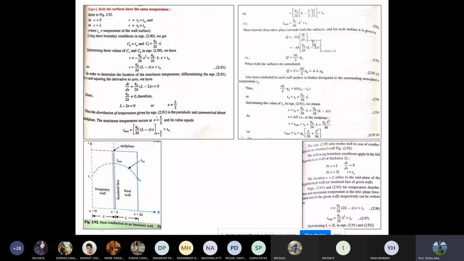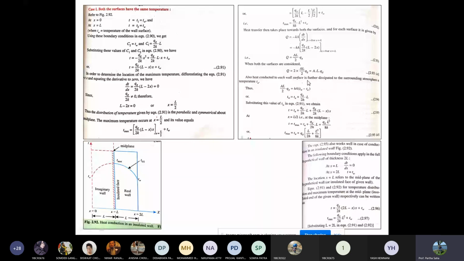You put this value at x equal to 0 and x equal to L. When x equals 0, because of this expression, this term gets cancelled, and k also gets cancelled, so it becomes Qg A L by 2. If both surfaces are considered, then Q equals 2 into A L by 2 Qg, that is A L Qg.